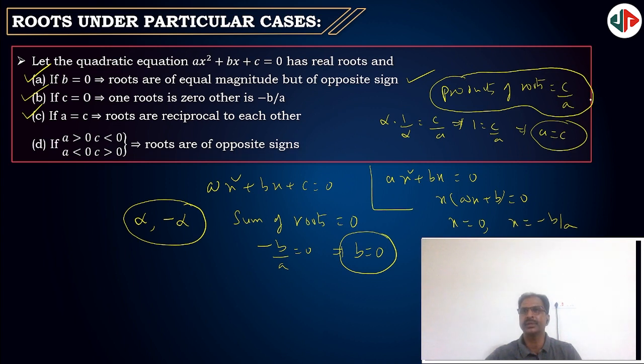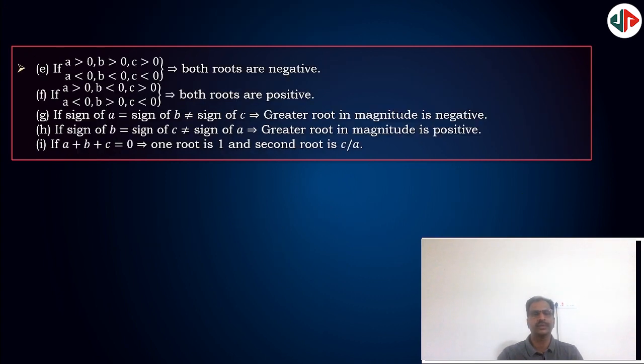Product of roots negative means roots are of opposite signs. If one root is positive, the other root is negative, then the product will be negative. c by a negative means one is positive, other is negative. These are not required. Look at the last one.